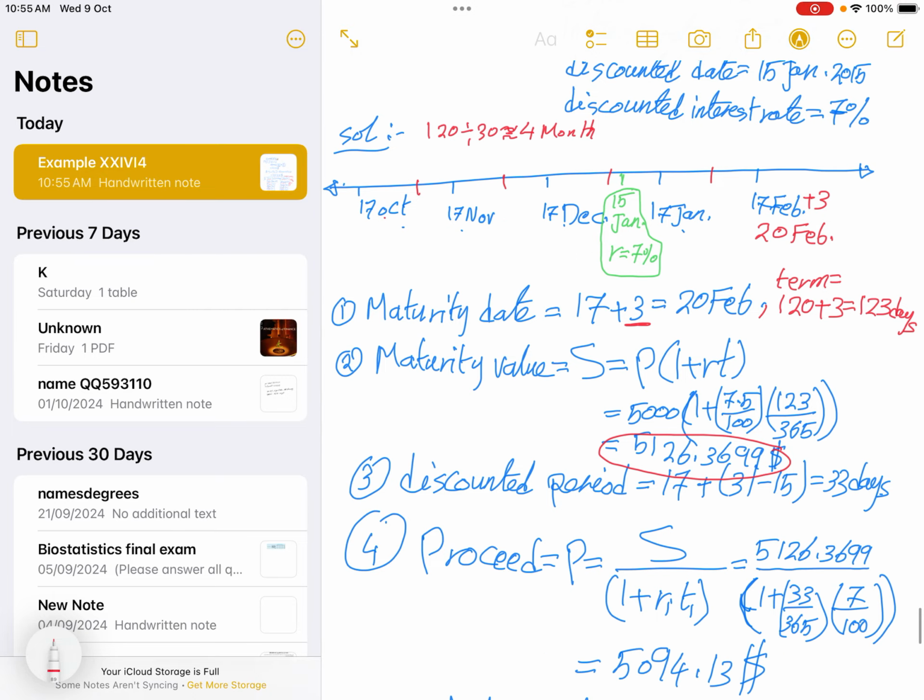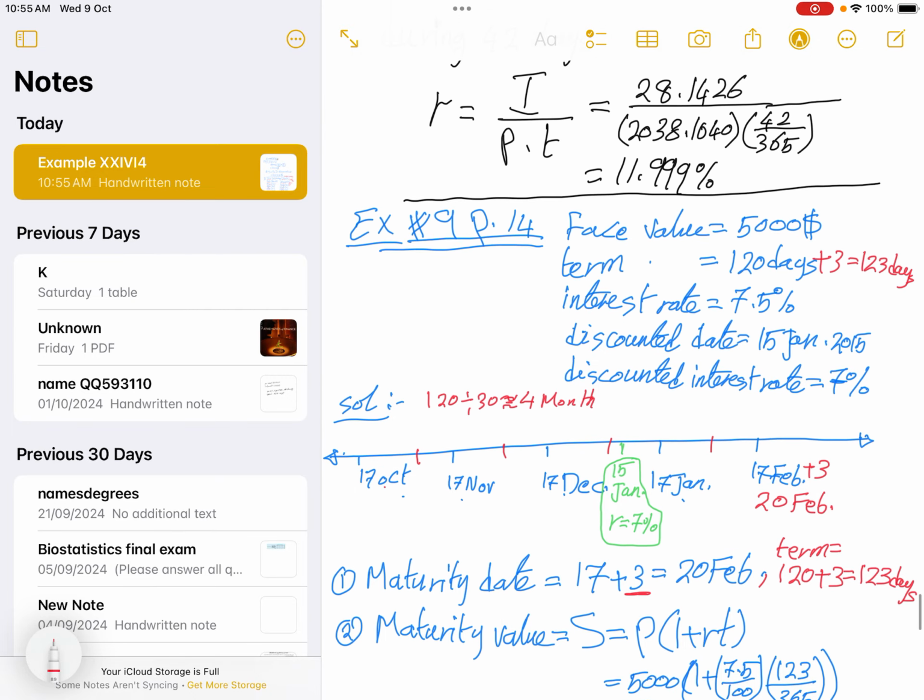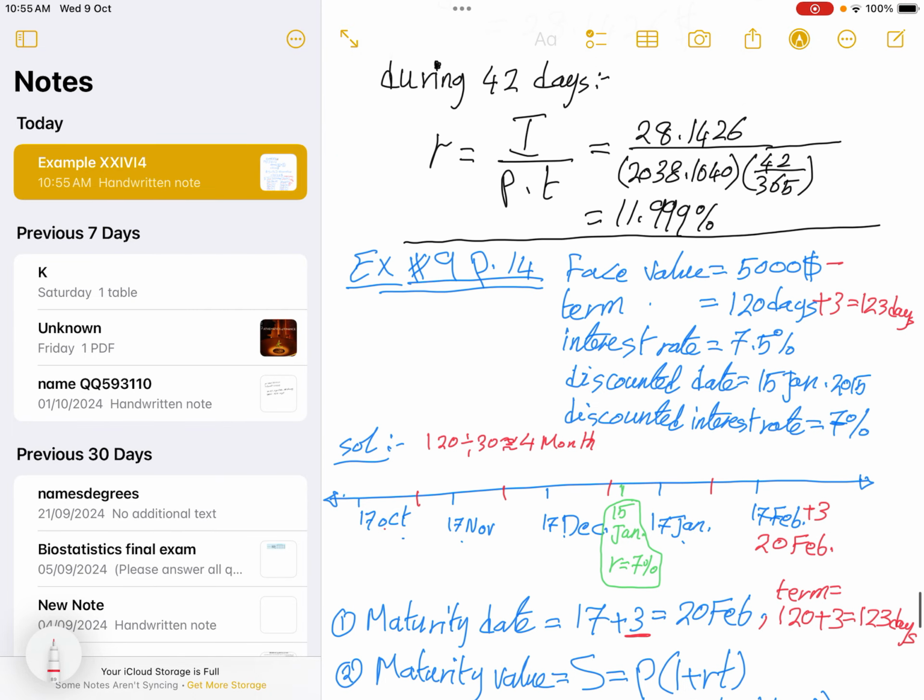Maturity value is equal to S. Here we consider this as B, since we have an interest rate. In case we don't have one, as in question number 1, the face value will be the maturity value.